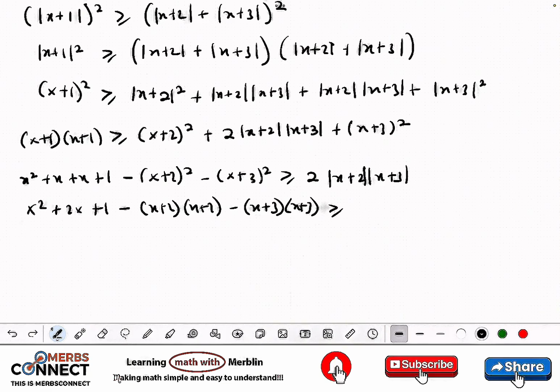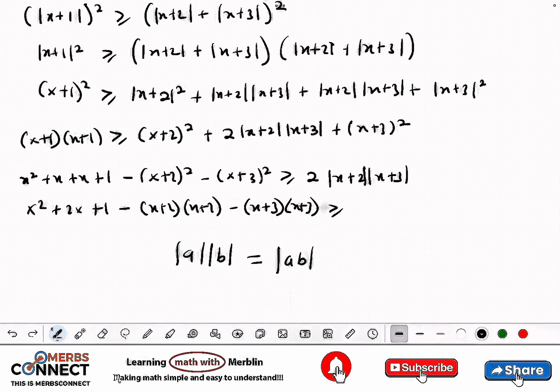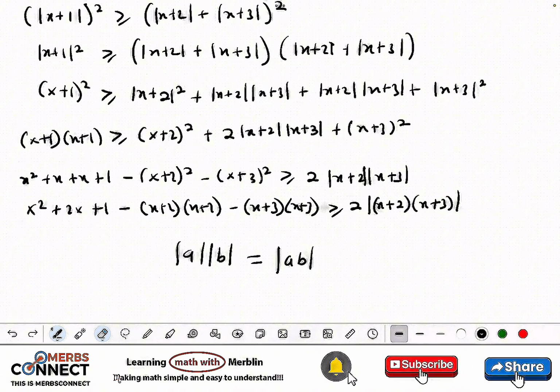Now we learn from the property that if I have |a||b|, then this is the same as |ab|, right? So since we have absolute here, we can just put them together. So we are going to have 2|x + 2| in bracket, then (x + 3) also in bracket. So we can put them into one absolute, right? So that's the idea from there.